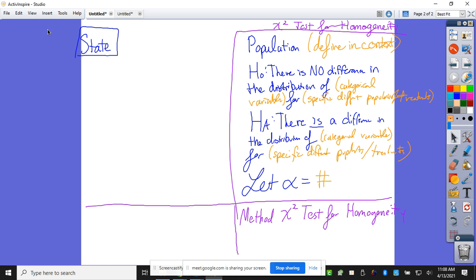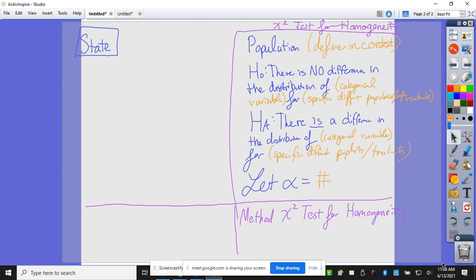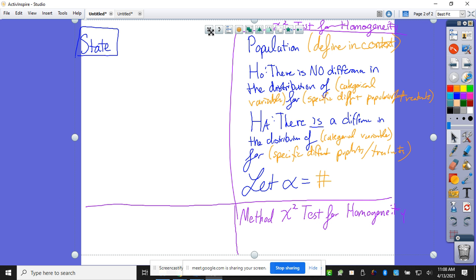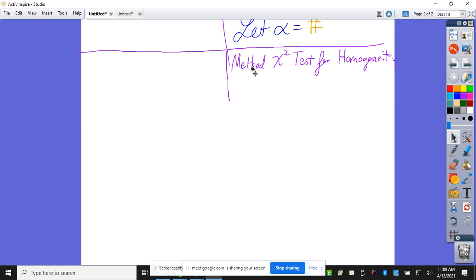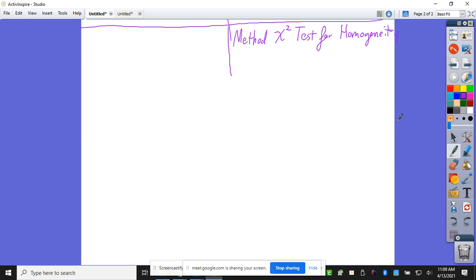What I might do, and you can do this however you want to, is take where I wrote before, and what does this one start with?